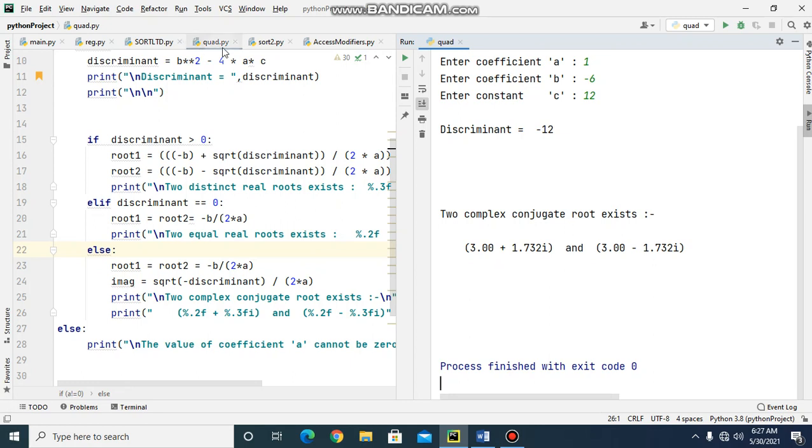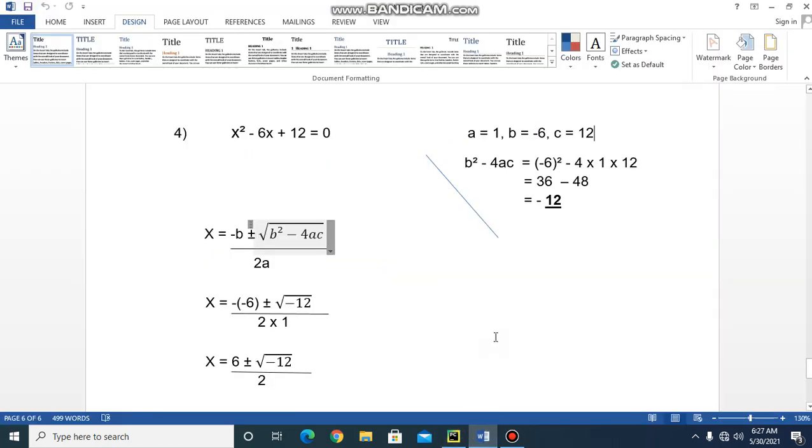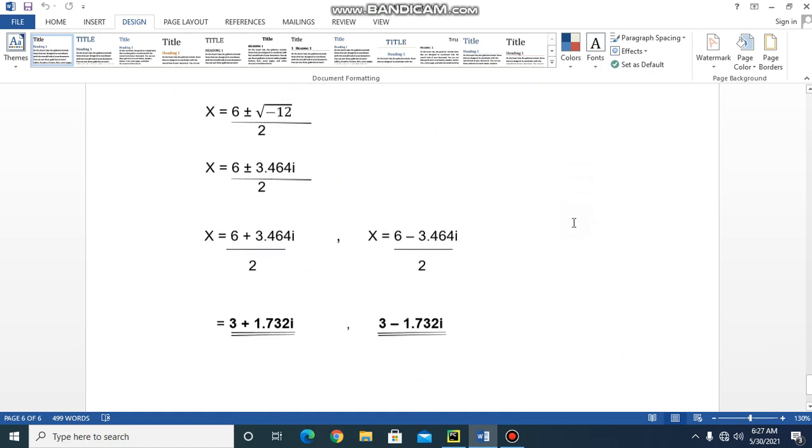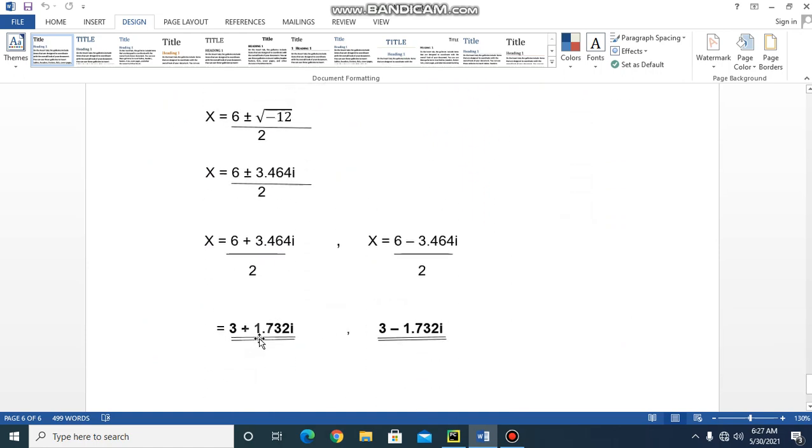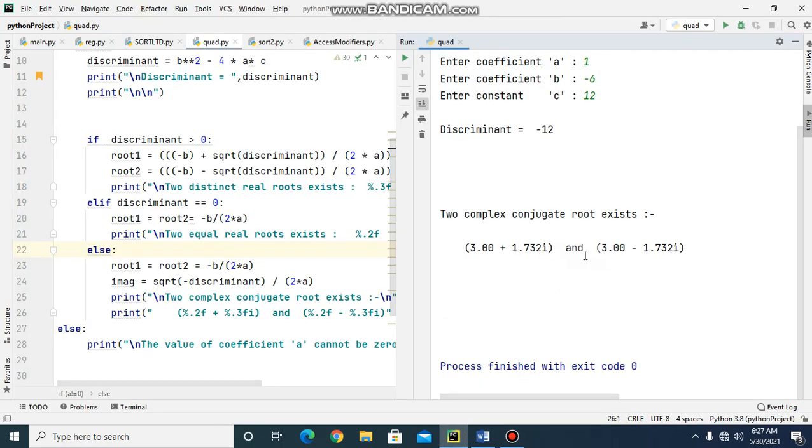So here it has calculated discriminant is equal to minus 12 and complex conjugate roots as 3 plus 1.732i and 3 minus 1.732i. So we have got these results here.